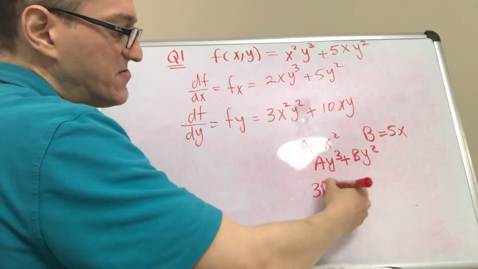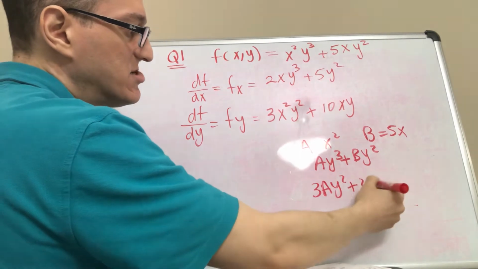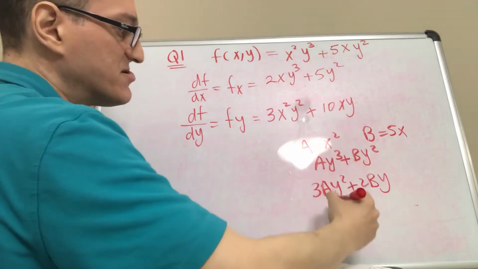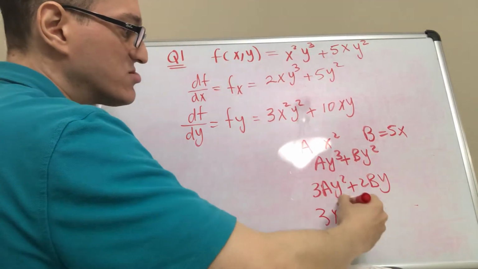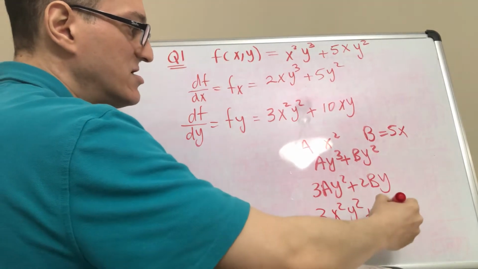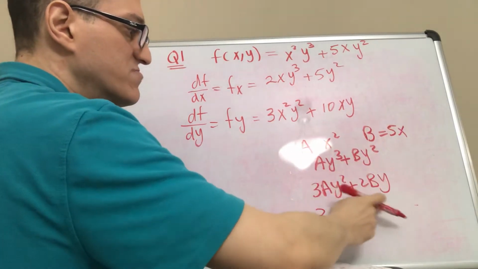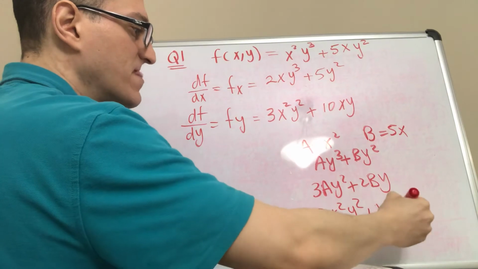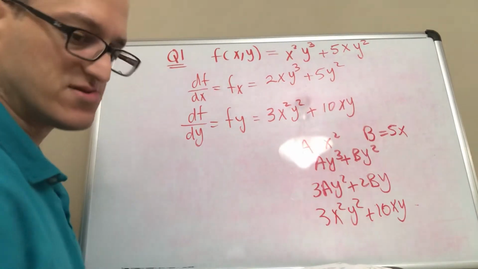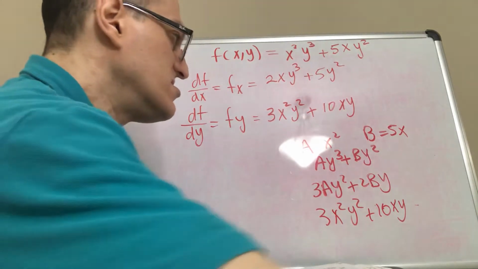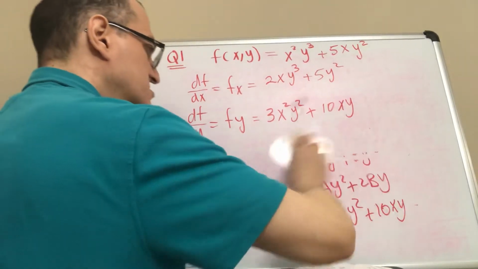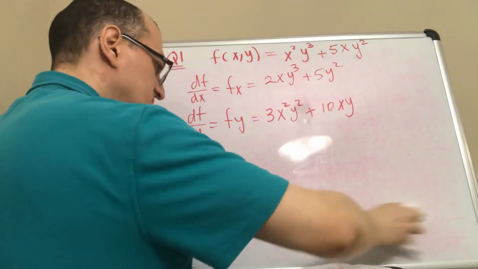Find the derivative, 3ay squared, 2by, put this back, 3x squared, y squared, 2 times this would be 10x, y, same answer. So this is the answer for the first question.